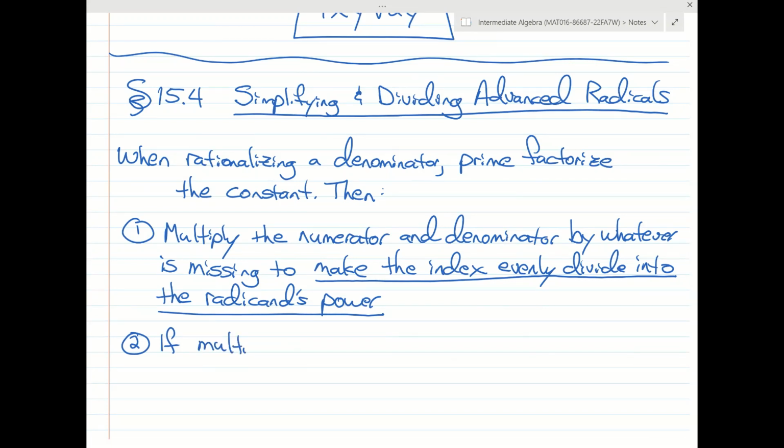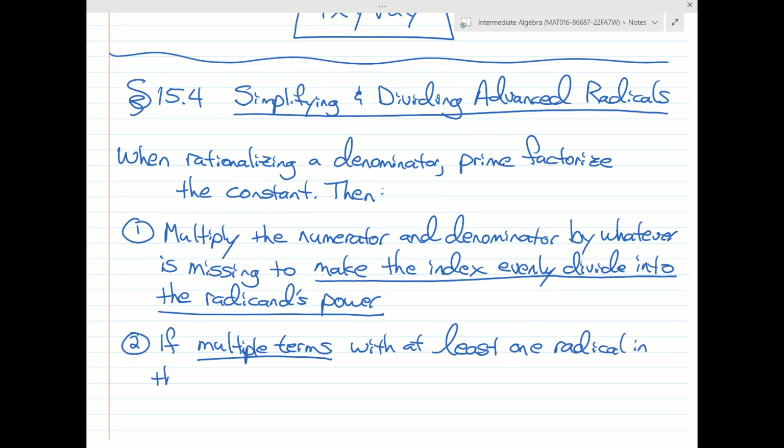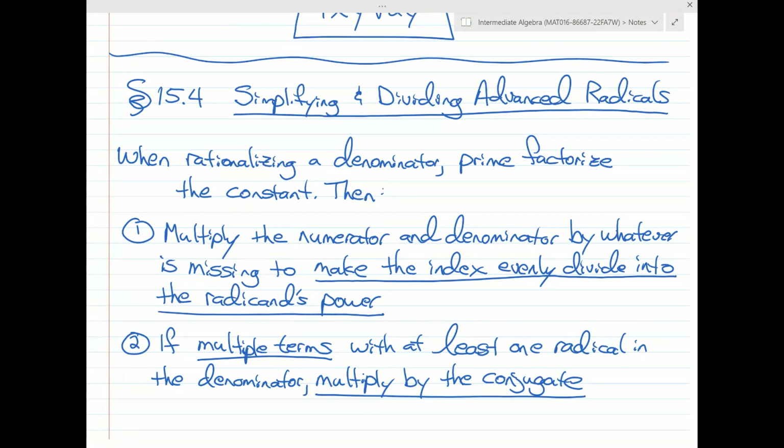If there's multiple terms, with at least one radical in the denominator, multiply by the conjugate of the denominator.